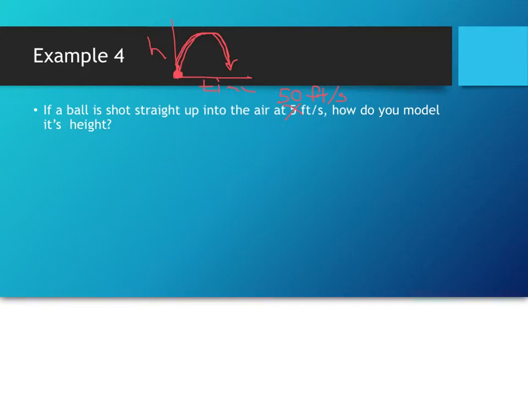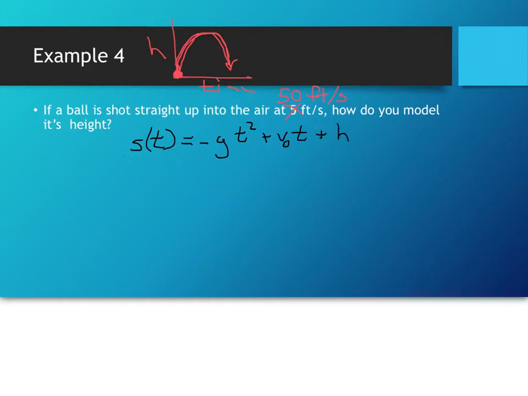All right, so hopefully you've got this. And let me just write it down. If you look up on the internet, you'll see something, and hopefully you got to a place where it said something of this nature. S of t, or height of t, t here is time, okay, is equal to negative gravity constant t squared plus your initial velocity times your time plus the initial height, okay?